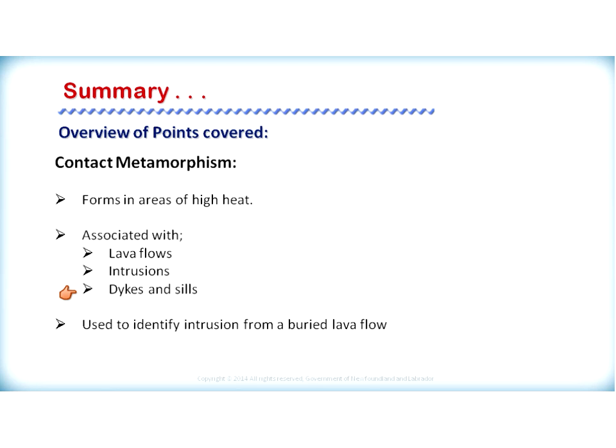And we can use contact metamorphism to identify between an igneous intrusion and a buried lava flow. So in conclusion, contact metamorphism is represented by X's located in diagrams, and this contact metamorphism can be found above or below areas where molten rock comes in contact with the surrounding rock.